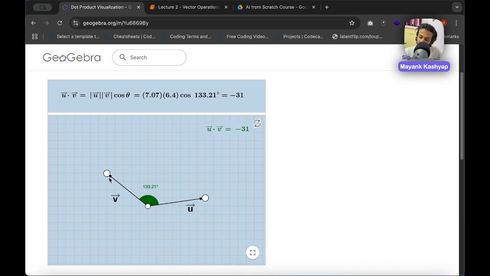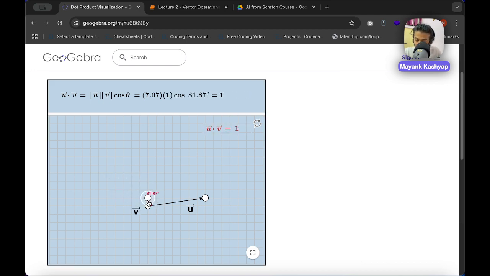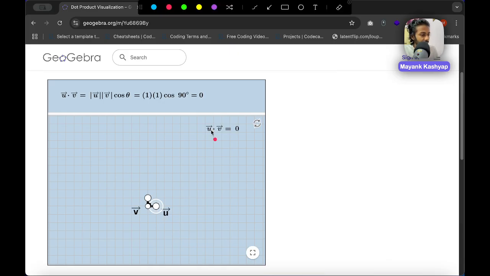If not, let's try here. So I'm taking both to be unit vectors right now. Okay, now let me just take some vectors. Let's say 1, 2 and 3, 4, I guess.